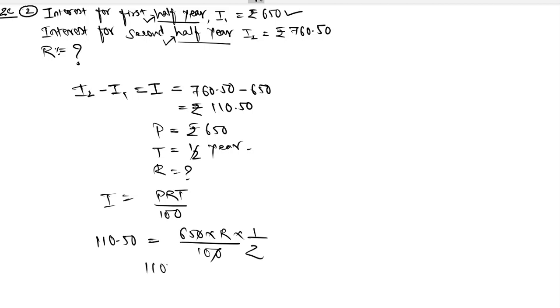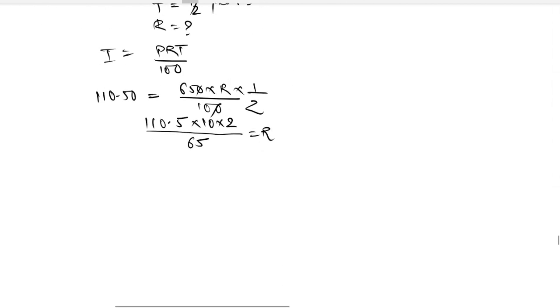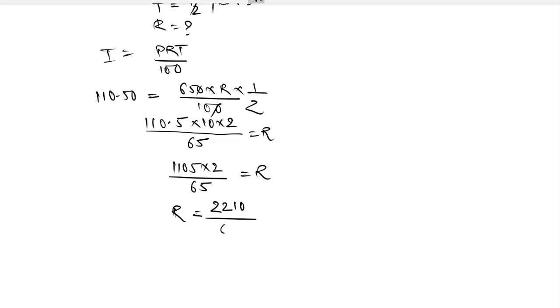So 110.5 into 10 into 2 upon 65 is equal to R. 1105 into 2 upon 65 is equal to R. So R is equal to 2210 upon 65.